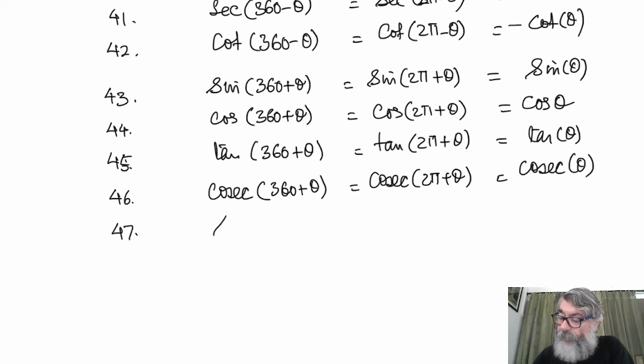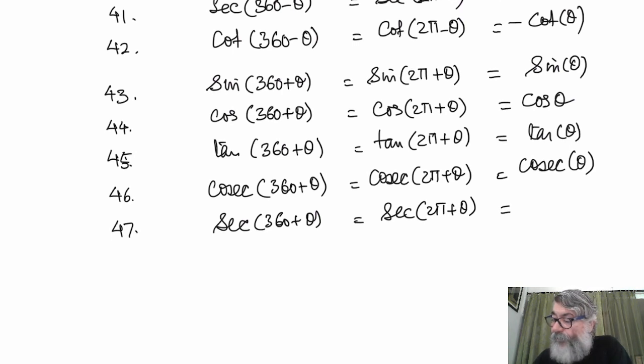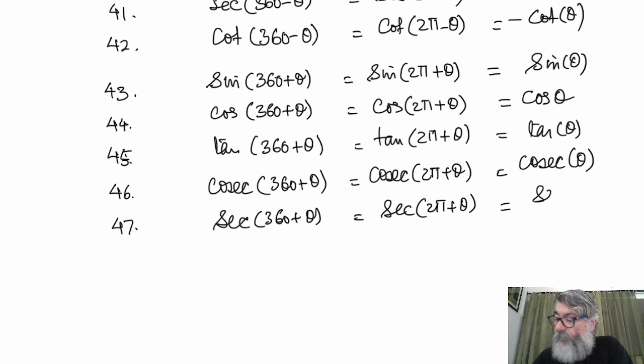Sec 360 plus theta is equal to sec 2 pi plus theta. I've increased a little work for myself as well as for you, because I'm writing in radians and degrees both, but it's okay.